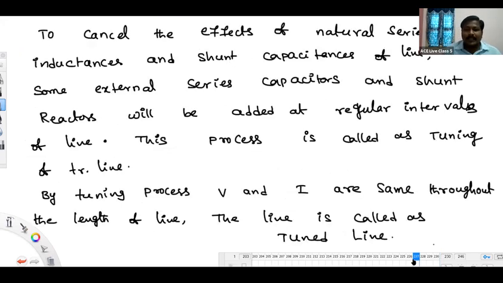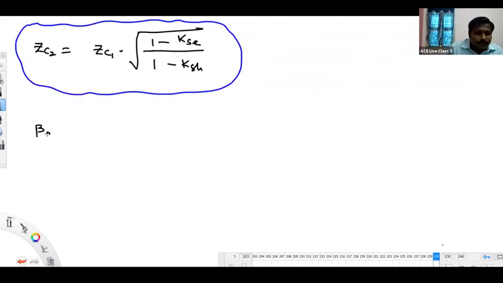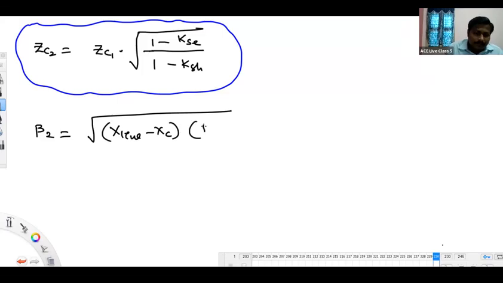Similarly, what is beta 2? Beta 2 is equal to square root of (X line minus XC) into (B line minus BR).